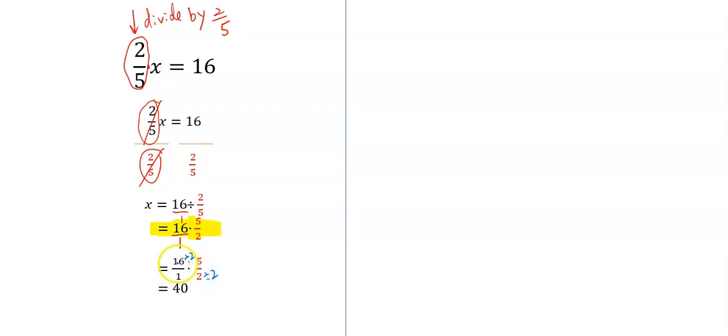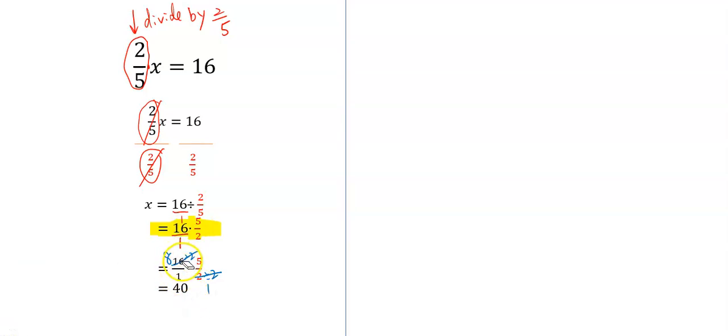For example, 2 and 16 both have 2 in common. So 16 divided by 2 gives us 8, and 2 divided by 2 gives us 1. Now you multiply straight across. 8 times 5 is 40, and 1 times 1 is 1. So we get 40 over 1, but 40 over 1 is the same as 40, since any number divided by 1 is itself.